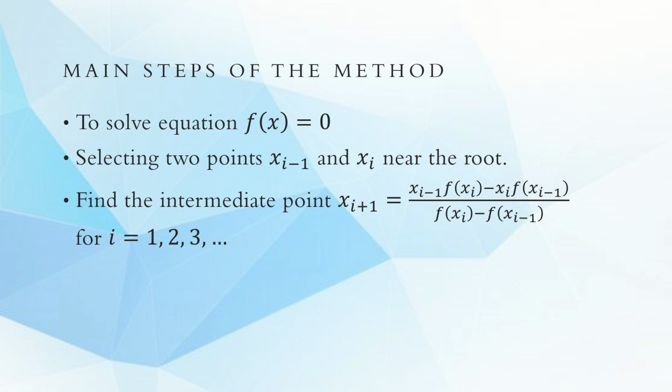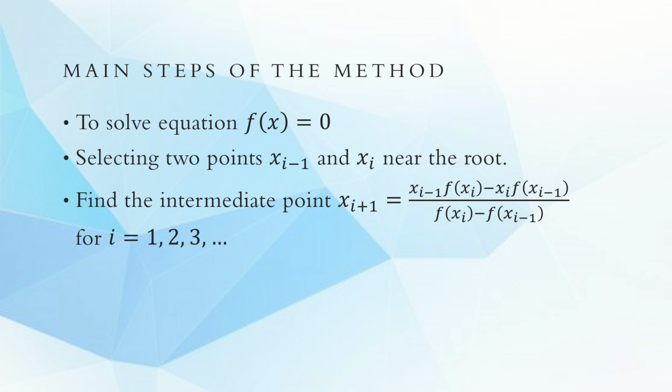Then the next value will be found by using this formula, as we derived in the previous slide: x i plus 1 is equal to x i minus 1 f of x i minus x i f of x i minus 1 divided by f of x i minus f of x i minus 1, where i is starting from 1, 2, 3, and so on.